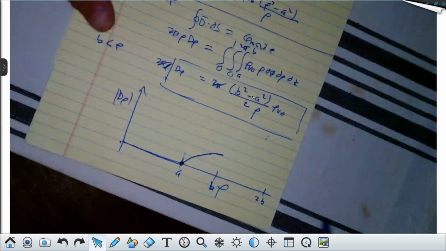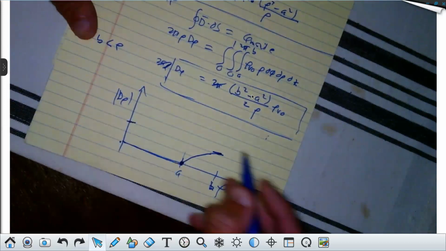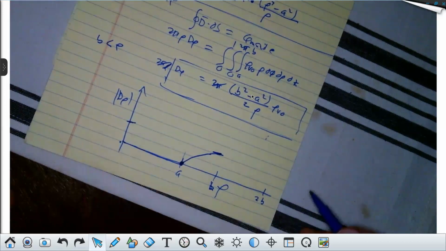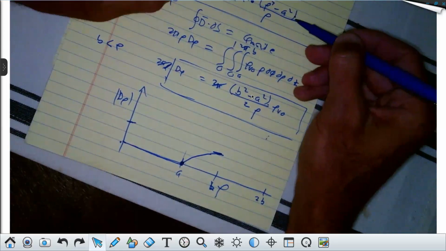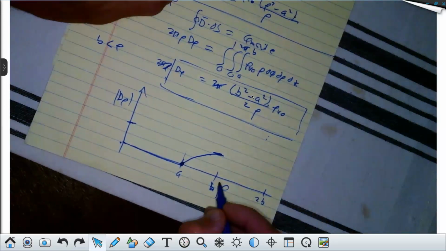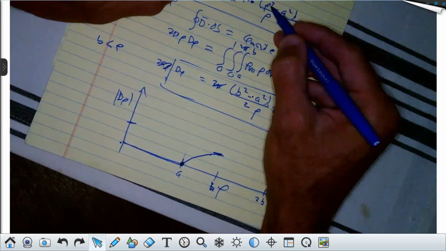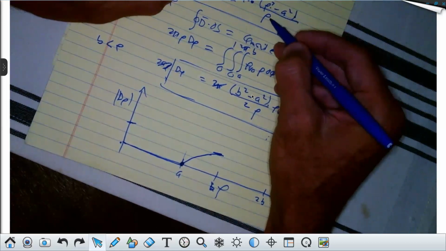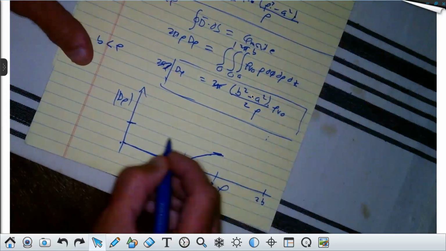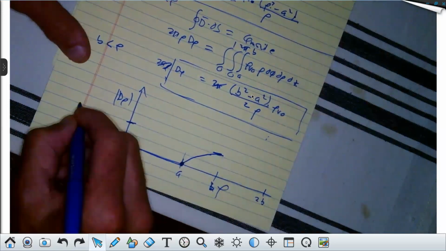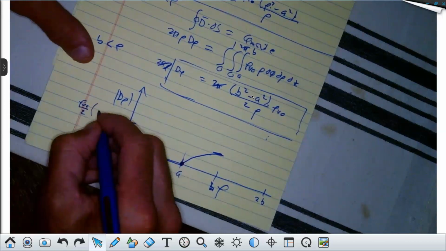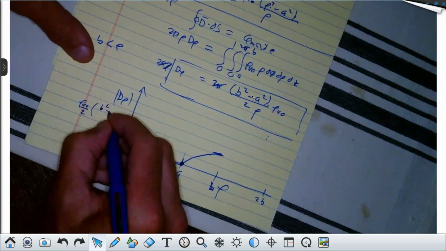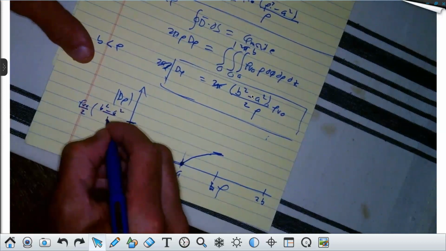Now, we can tell what this value is right here, and we can get it from either this equation or this equation. This equation would be fine if here, right at the end where you're at B, you put in B here, and then you have b squared minus a squared over b squared. You could say that this peak value would be equal to rho v0 over 2, and then it would be b squared minus a squared over b squared.